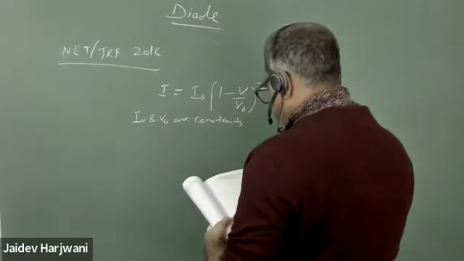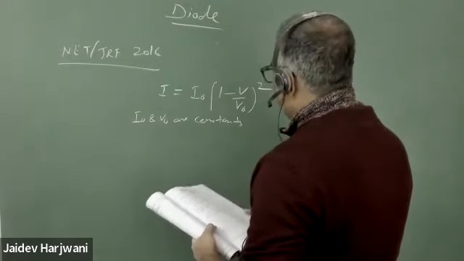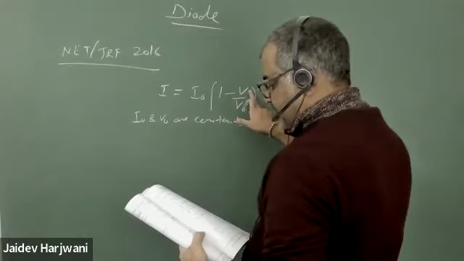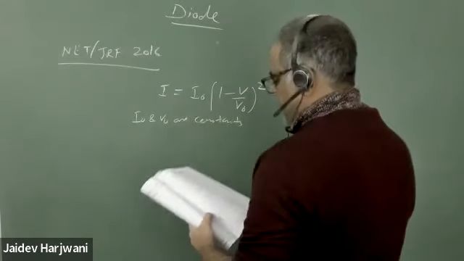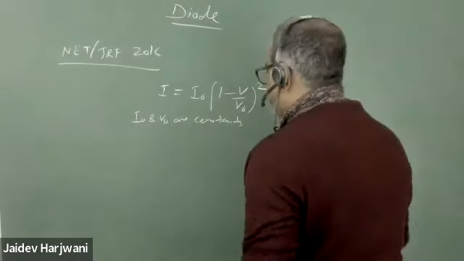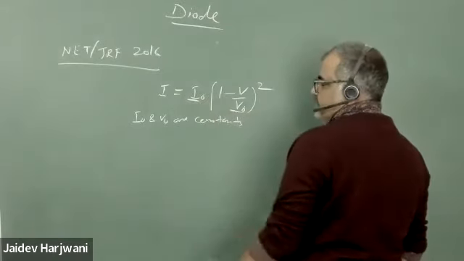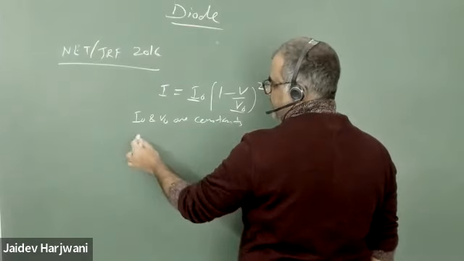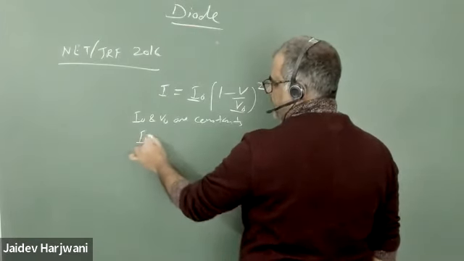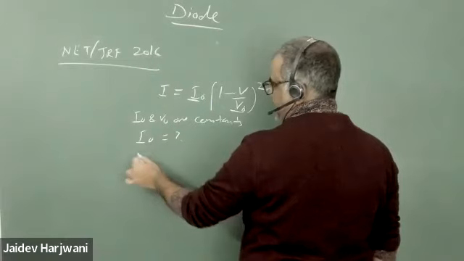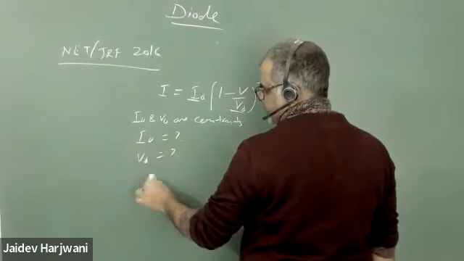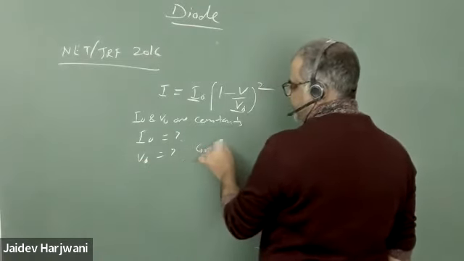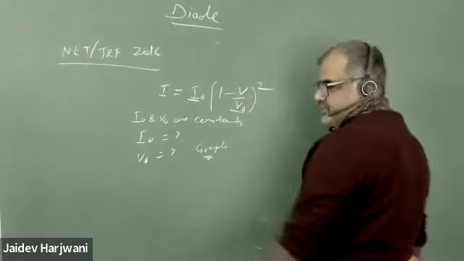Now you are varying this V and measuring the current I. I want to measure the parameters I naught and V naught from the graph. If we vary V, I will change.